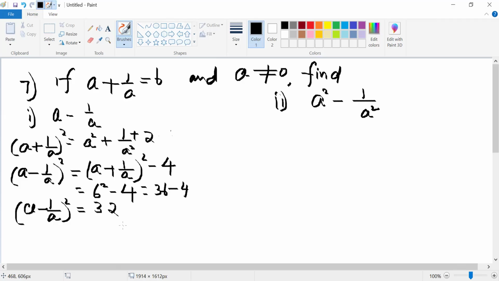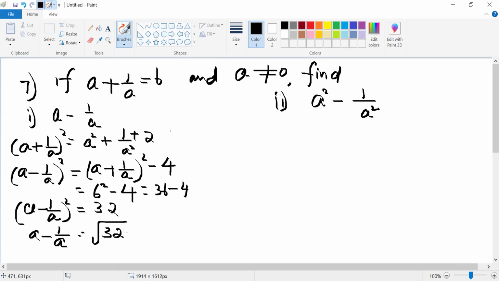We can't expect a perfect square answer every time. Let me just check if there is any mistake. No, a minus 1 by a whole square equal to a plus 1 by a whole square minus 4. So 6 square minus 4, 36 minus 4, 32. Yeah. So a minus 1 by a will be root of 32.